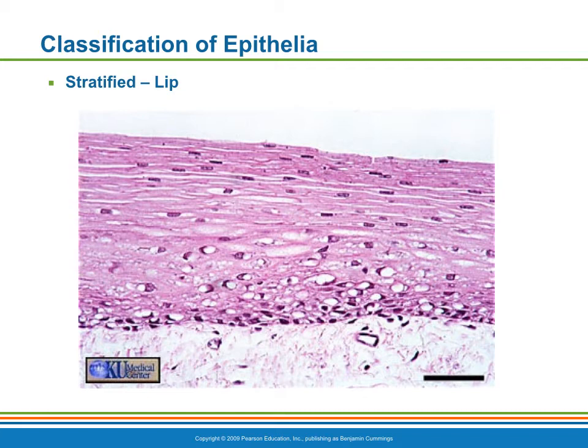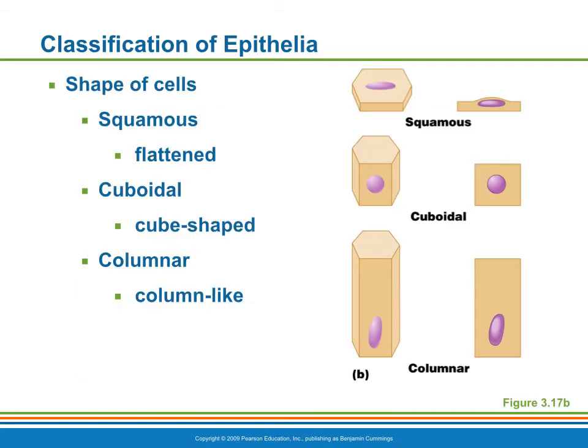Not only is it classified by whether it has 1 layer or many layers, but the second name demonstrates the shape of the cells. Are they squamous? Are they cuboidal? Or are they columnar? Some people pronounce those names differently, so just bear with me.